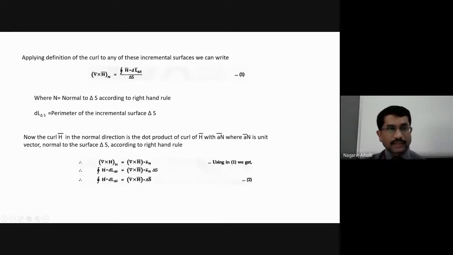Now, if we consider the curl of H bar in the normal direction, the perpendicular direction, then it is a dot product of the curl with the unit vector. The magnitude is the curl and the direction is along the AN bar direction.